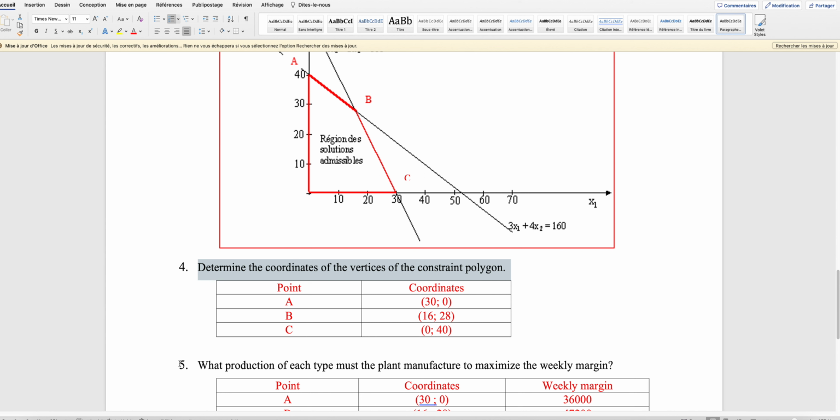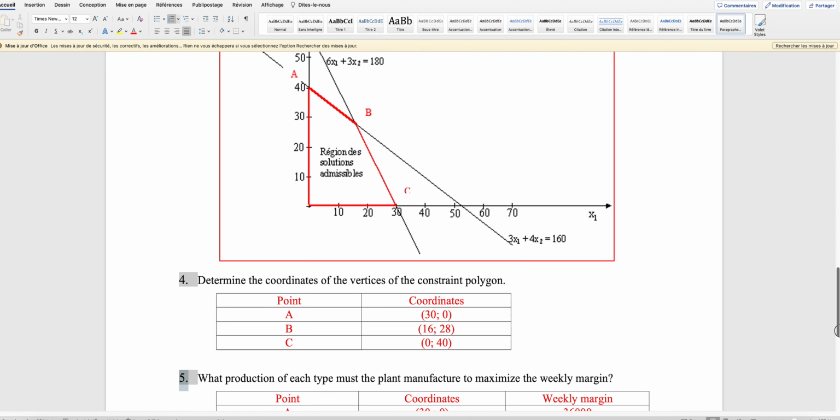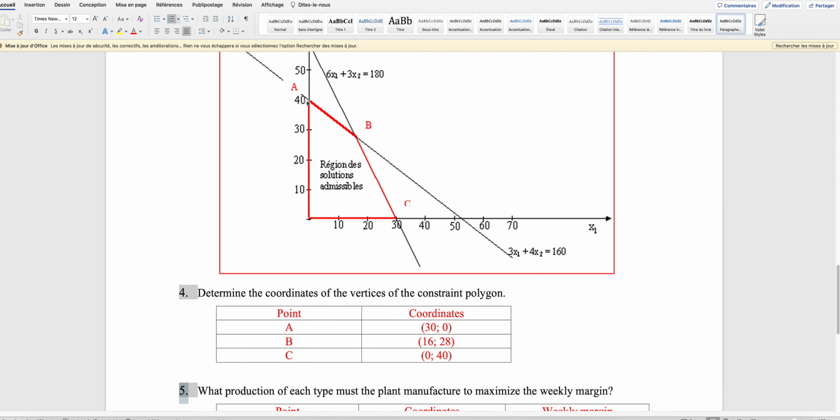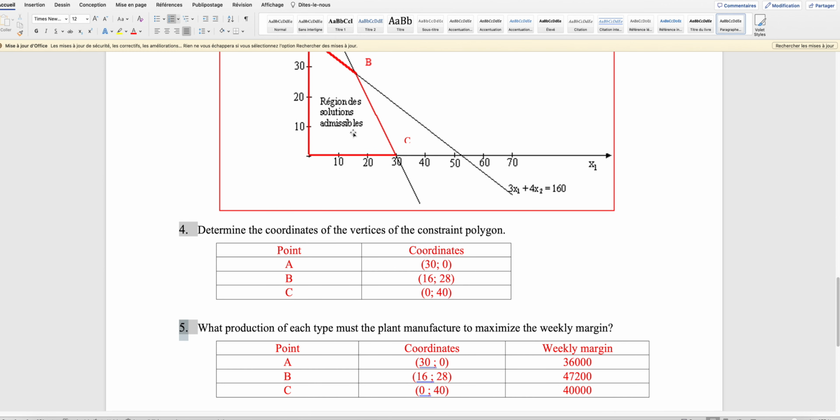And now, in the fifth question, we are going to calculate the profit for each vertex point of the polygon, the three vertex points of the constraints polygon, the admissibility zone. With the point A, what is the weekly margin?